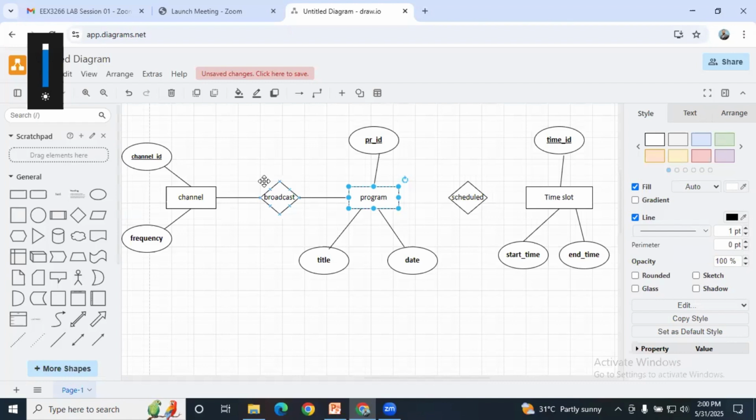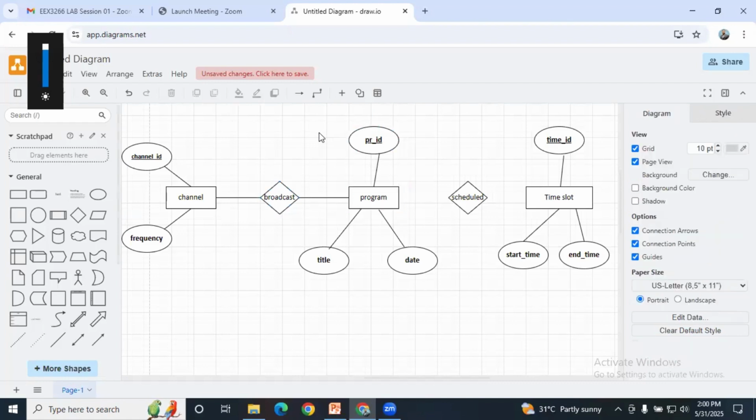So tell me how we create the relationship. What kind of relationship is it in here? They are saying a program can only be broadcast on a single channel. They have not mentioned whether it is a single program or one or more programs, so we cannot take it as a single program. That's the reason it is a one-to-many relationship we want to create in here.